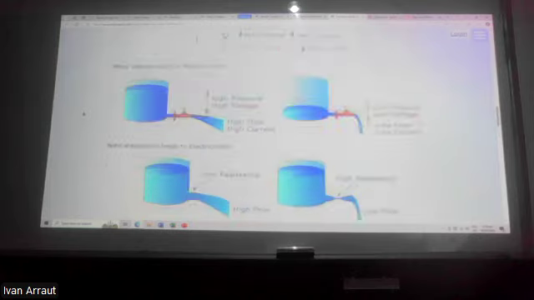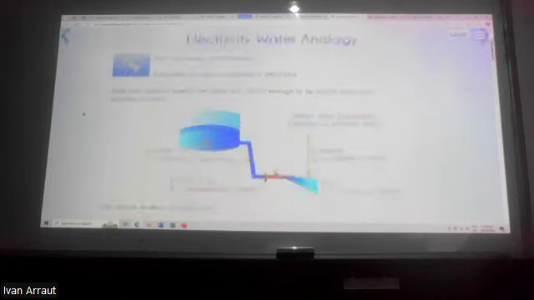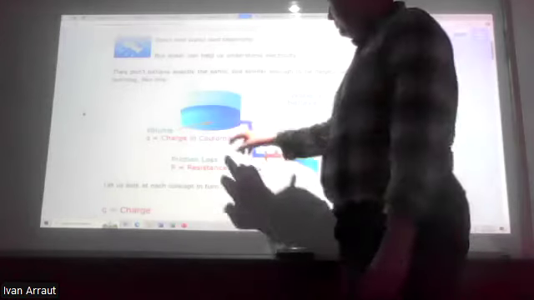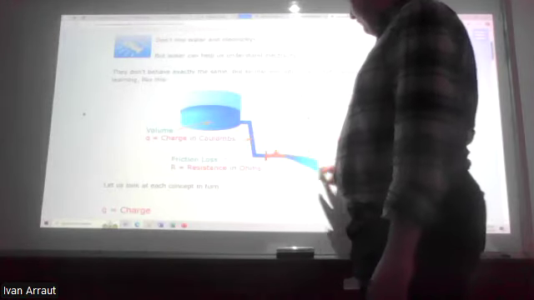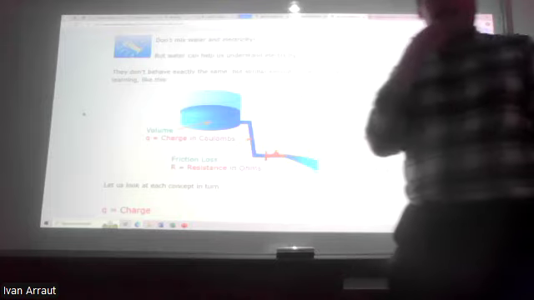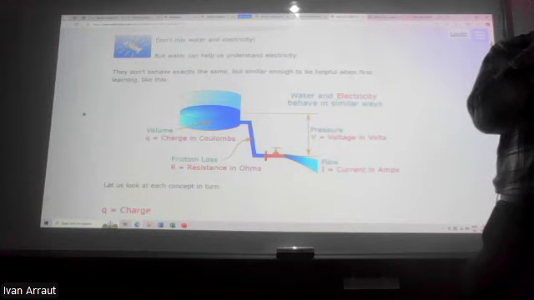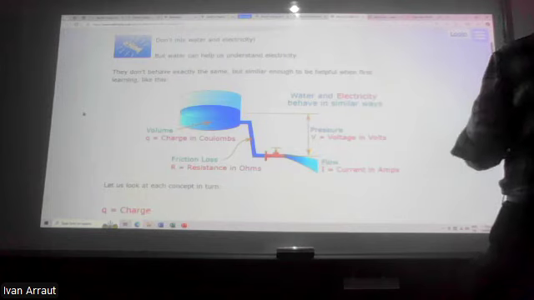There is an analogy between electricity and water flow. Look at this. Imagine you have a water tank with a volume, and this is a waterfall. This is how they created water supply systems in the past. When they established a town, they didn't have the technology.